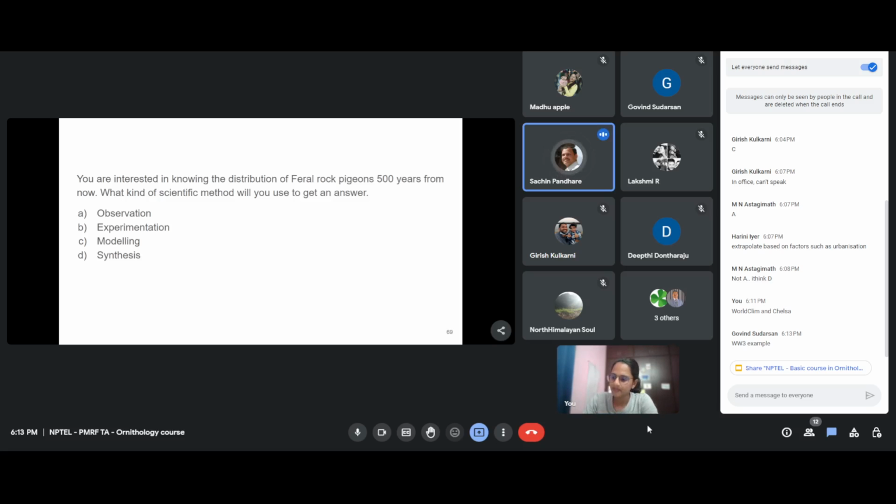Sachin: My query is related to such a large time span. The species might have evolved with different aspects of the model, right? So how do we take that into consideration? Currently, whatever information we have for the Feral Rock region might imply that they are accustomed to habitat like the urban habitat.